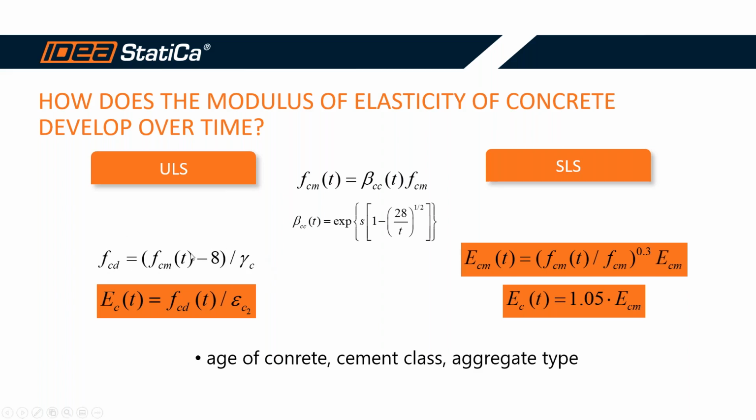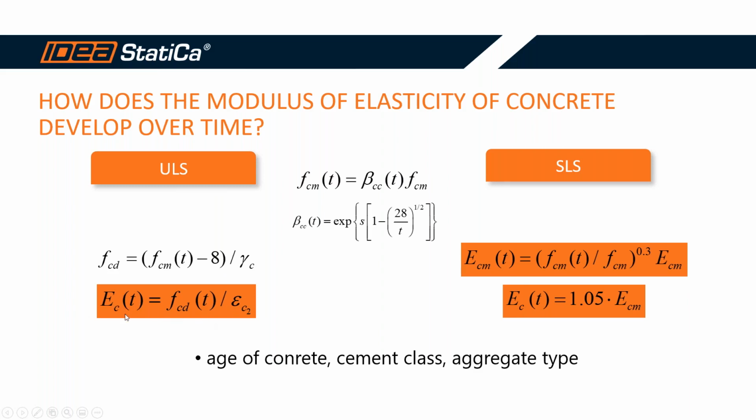It is calculated by this formula, and if we assess the section at some particular time, we need to consider the real concrete strength. So if it's lower than 28 days, it is definitely lower than this fcd, which you know as, for example, if we had 30 megapascal, it's 30 divided by gamma C.